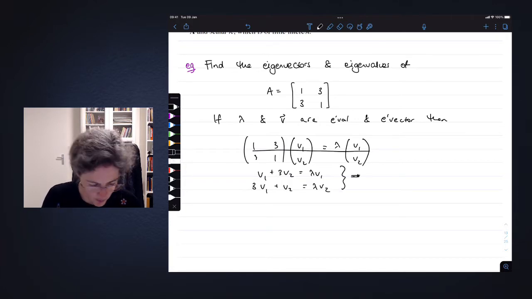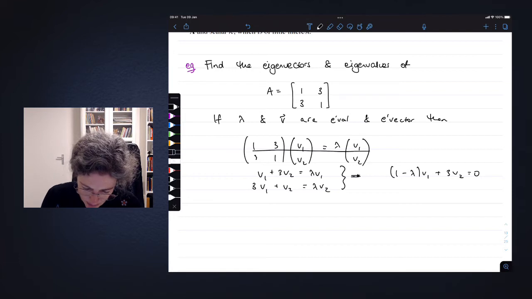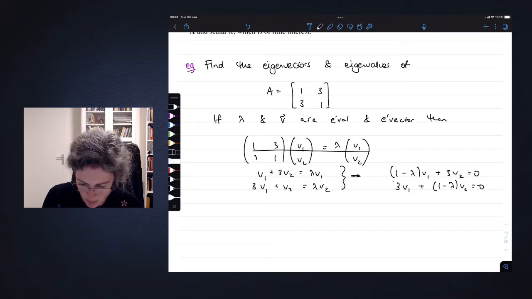We can do a little bit of rewriting to get (1 minus lambda) v1 plus 3v2 is equal to 0, and 3v1 plus (1 minus lambda) v2 is equal to 0.